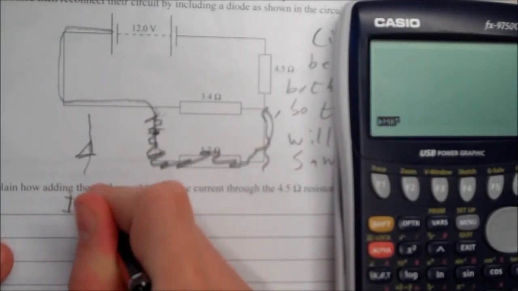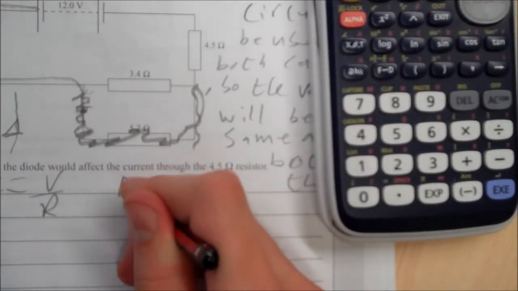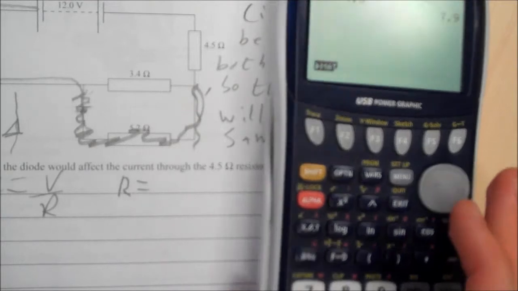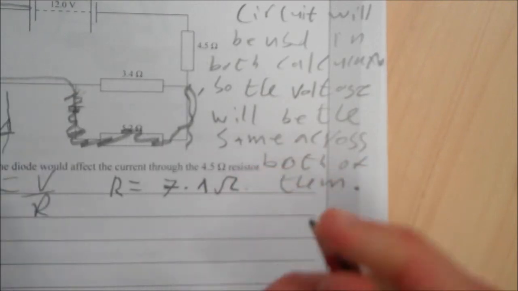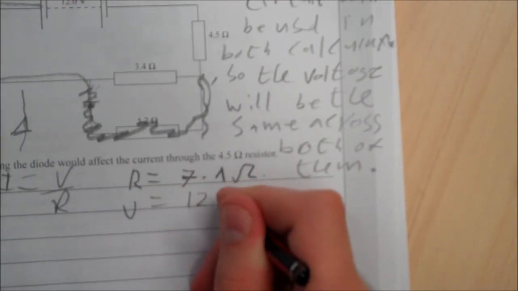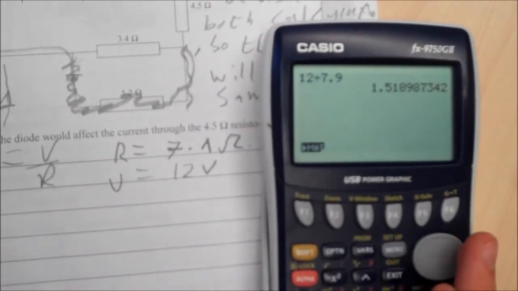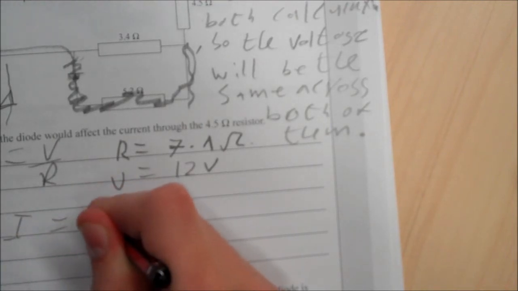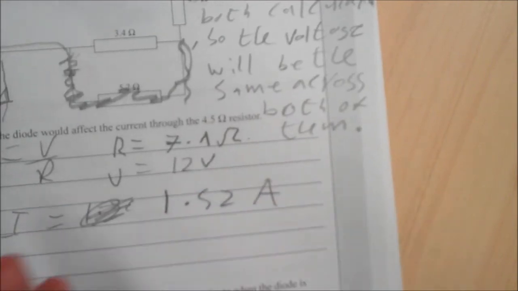I is equal to V over R. R is going to be equal to 3.4 plus 4.5 now, which is 7.9 ohms. Voltage is still 12. So 12 divided by 7.9 is 1.52. So I is equal to 1.52 amperes.